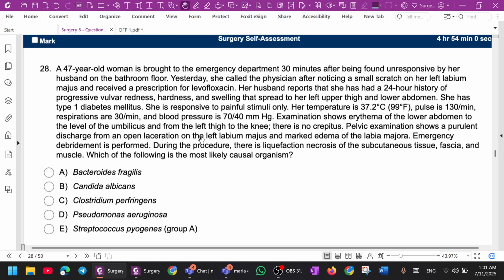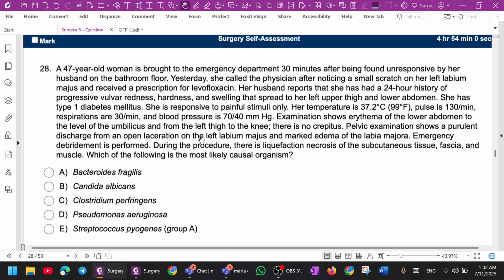Her husband reports that she has had a 24-hour history of progressive vulvar redness, hardness, and swelling that spread to her left upper thigh and the lower abdomen. She has type 1 diabetes mellitus.